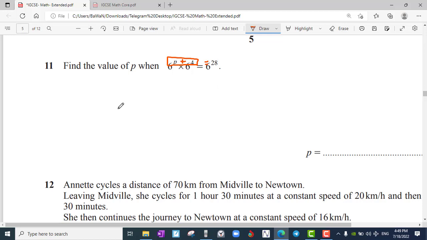In multiplication, when we have the same base, 6 and 6, we add the powers. So P plus 4 is equal to 28. Minus 4, P is 24. So P is 24.